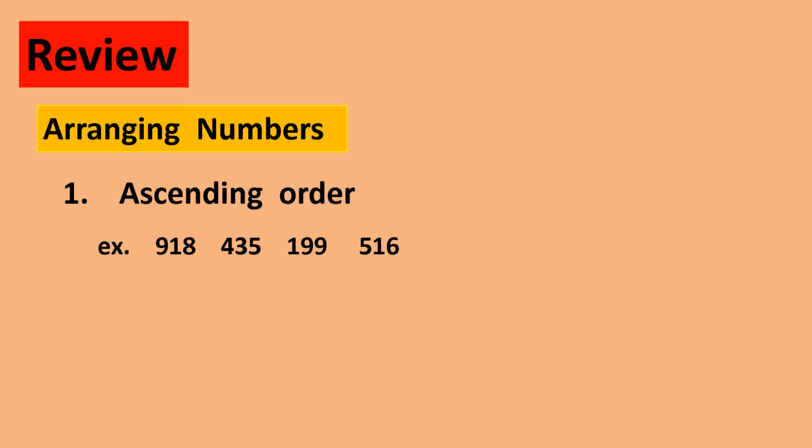So the first number would be the smallest number. Which one is the smallest number? It's 199, right? And then the next one is 435. Very good. And what should be the next?